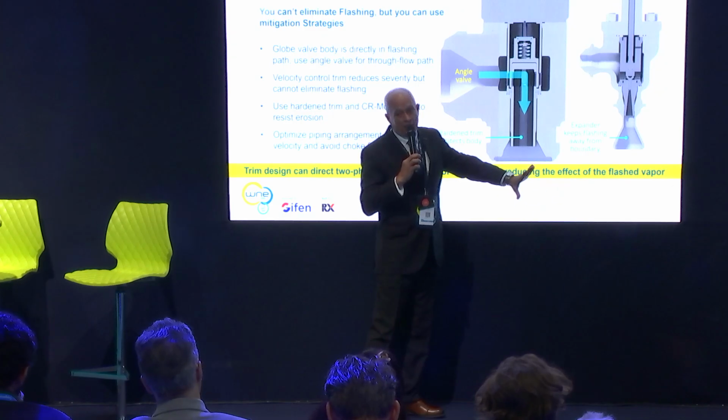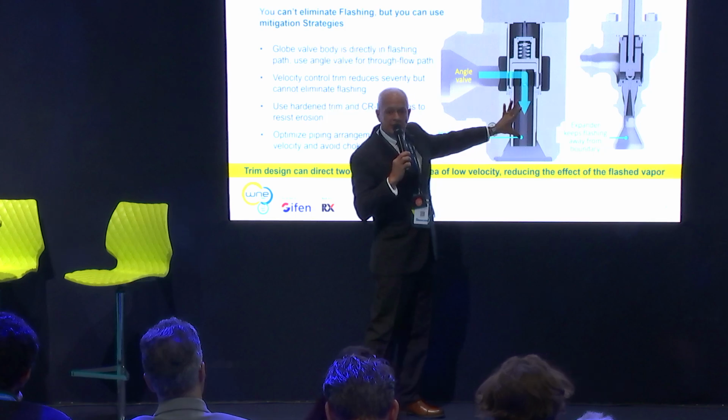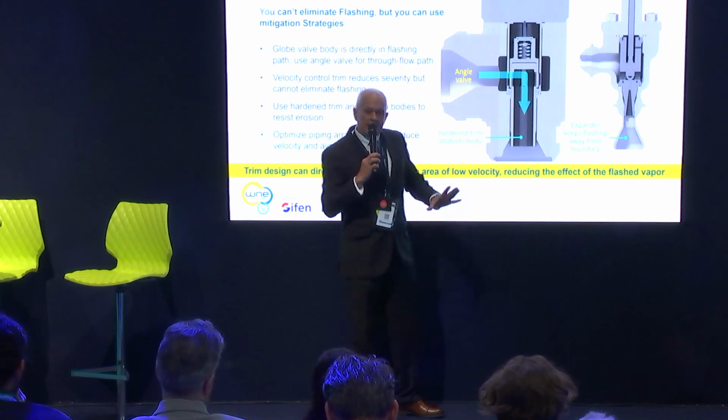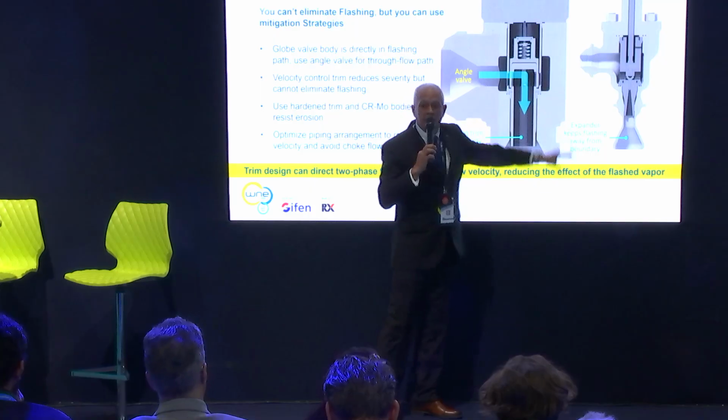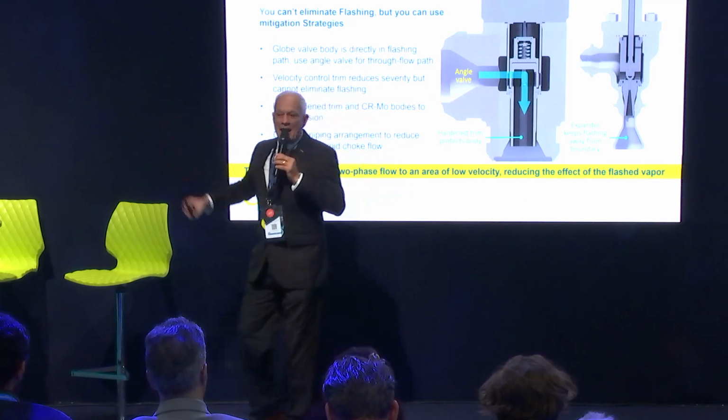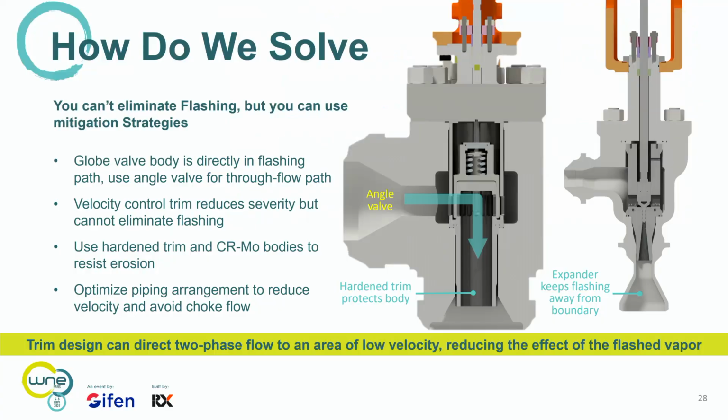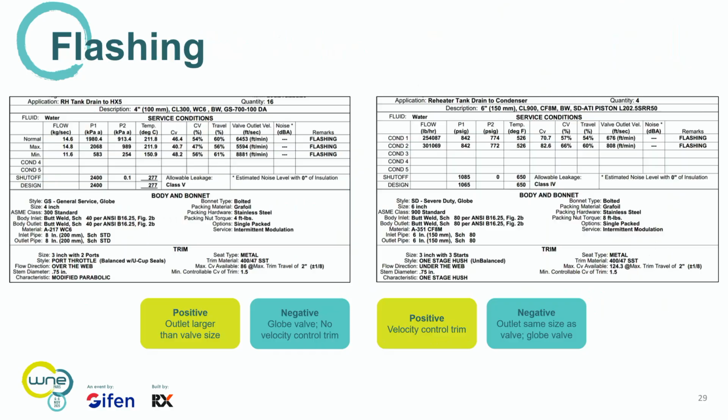Over time, that pipeline is going to have a problem, but you're going to protect the valve, okay? The same thing can be done with a globe valve. We can put a baffle-type trim to send it towards the outlet instead of straight down into the body where it damages things.